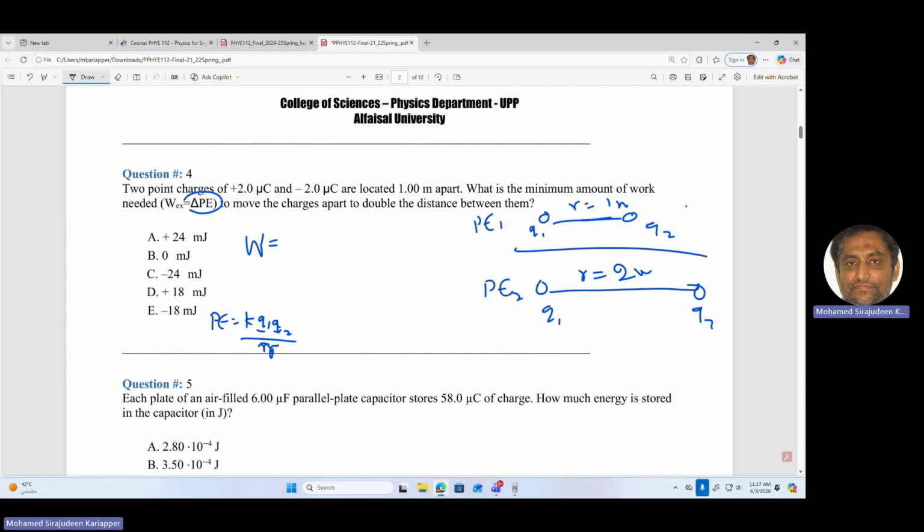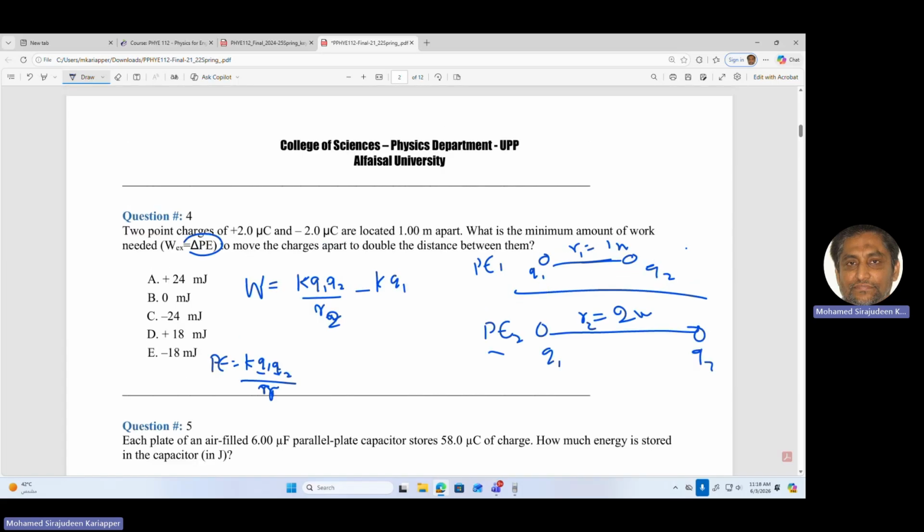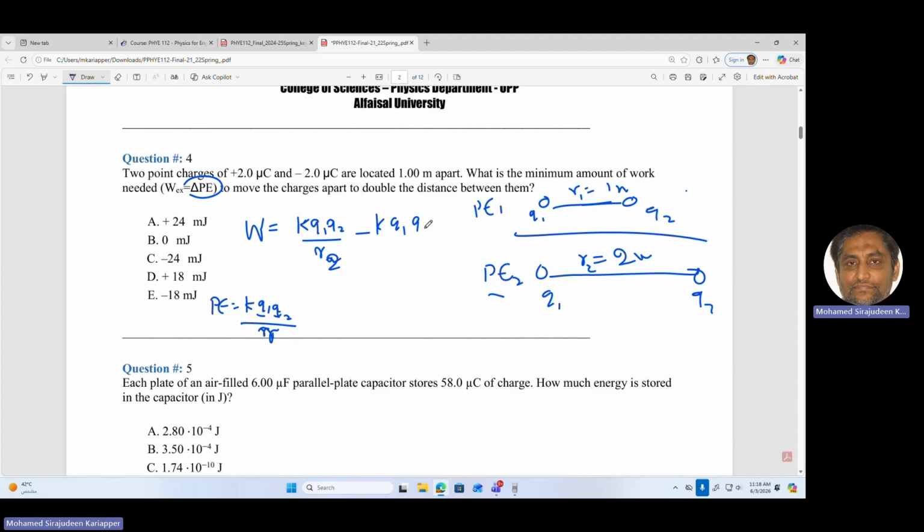So it will be K Q1 Q2 over R2, final potential energy, minus K Q1 Q2 divided by R1.